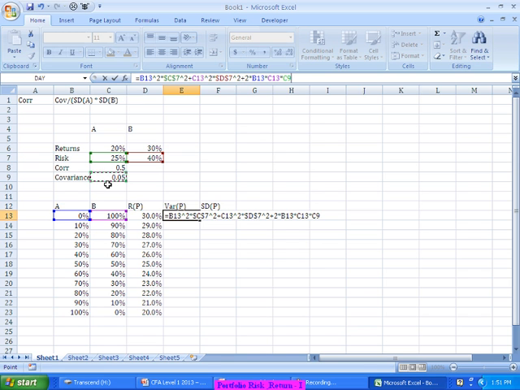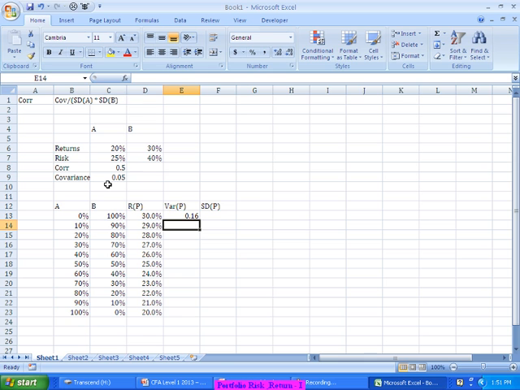Covariance is purely determined by correlation. So this is what has come out to be the variance in this case. And when I take the square root of this, it comes out to be the standard deviation. So the standard deviation has come out to 40%, which is the same as this. If I put 100% of my money only in B, the standard deviation will be the same as B itself.